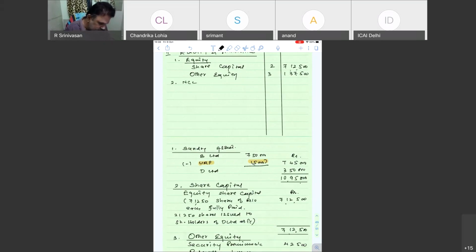On current liabilities, nothing is given. Current liabilities, financial liability, creditors.